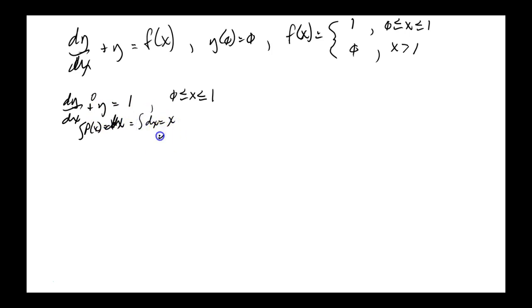Then what you do with that? You exponentiate it, and that becomes your integrating factor. So then you multiply that by everything on both sides: e to the x dy dx plus e to the x y is equal to e to the x.